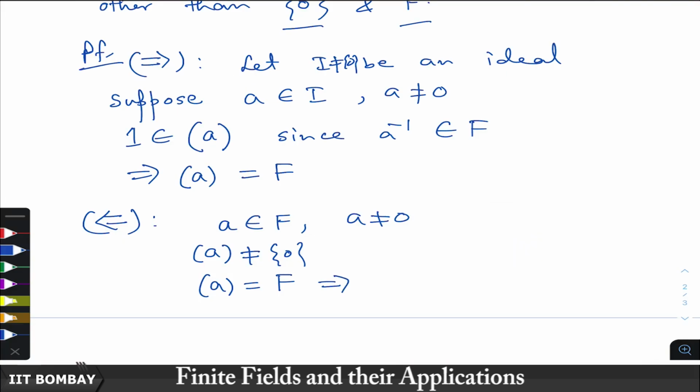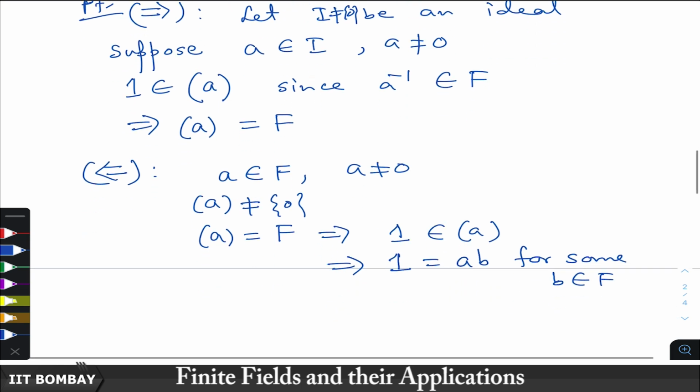That means that 1 is there in the ideal generated by A, which means there is an element with which you can multiply A to get 1. 1 is equal to AB for some B in F, that is it. So, that B is the inverse. Okay.